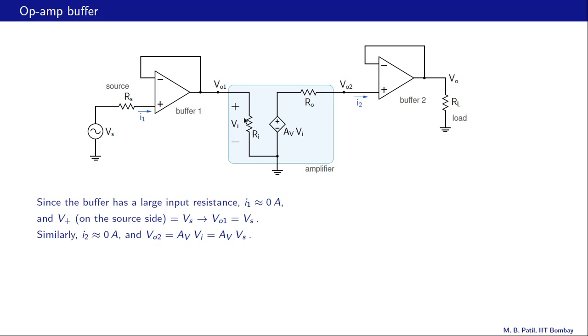VI here is this voltage, which is VO1, equal to Vs. That gives us VO2 equal to AV times Vs. And VO is the same as VO2, and therefore we get VO is equal to AV times Vs as we wanted. And that is irrespective of Rs and RL, because we did not have a voltage division on the source side or on the load side.